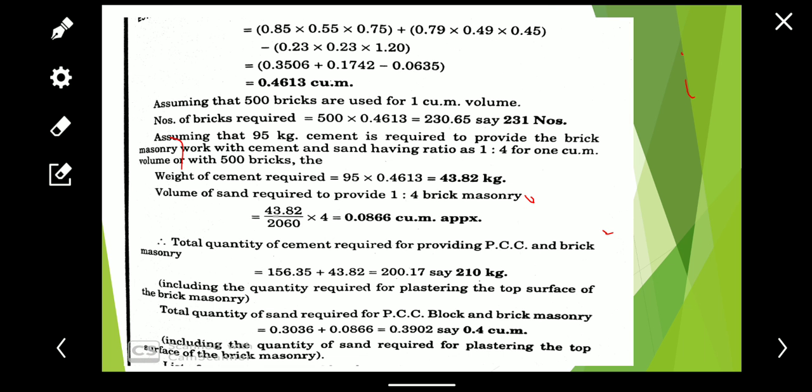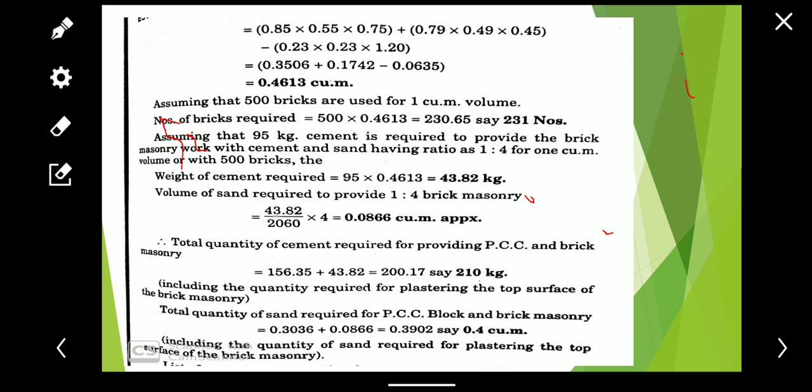Then including the quantities required for plastering the top surface of the brick masonry, the total quantity of sand required for the PCC block and the brick masonry is 0.3036 plus 0.0866, which is equal to 0.4 cubic meter.